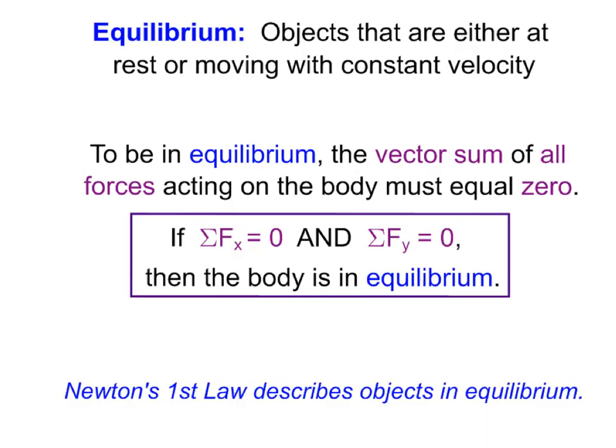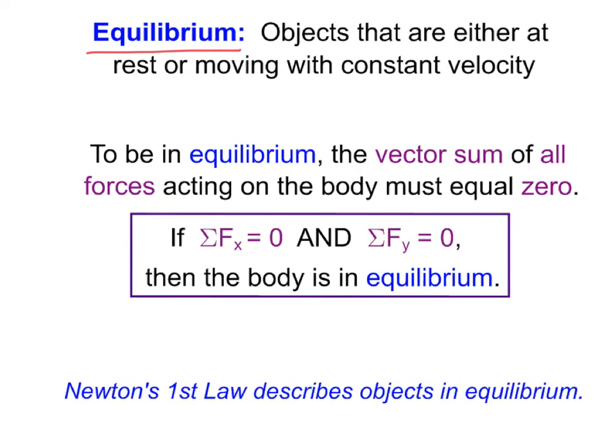So one last item to present here in this video is the idea of equilibrium. Objects that are either at rest or are moving with constant velocity are said to be at equilibrium. So in order for that to be true, if objects are in equilibrium, the vector sum of all the forces acting on that object has to equal 0.